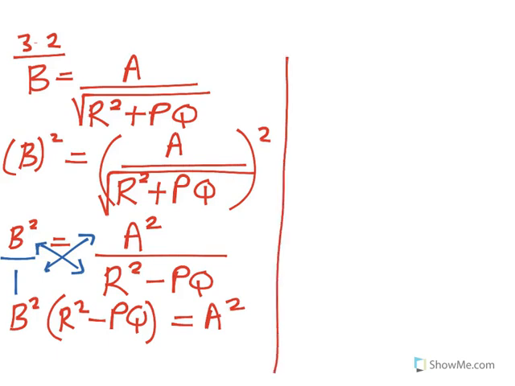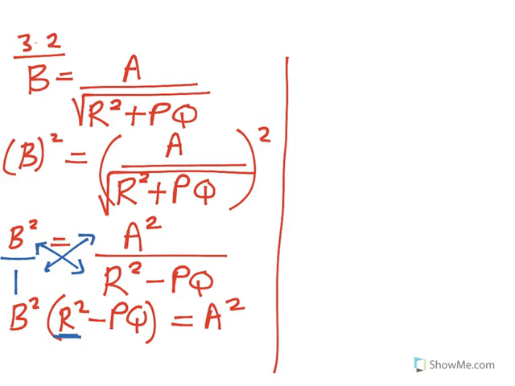Now the next thing, it's up to you how you want to do it. You can first expand this bracket, or you can divide by B squared first. Whatever you do, it will still bring out the same answer. The aim is to make sure that you get R alone.